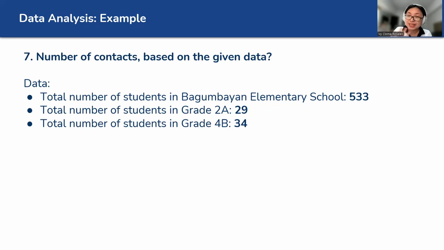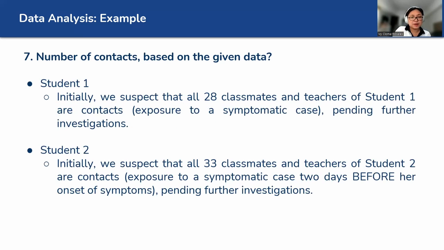How is the mobility across the school? How are the interactions like? So student 1, we initially suspect that all classmates and teachers of student 1 are contacts. But again, it says here, pending further investigations. Same with student 2. We think, okay, let's check first with all the classmates and teachers. But again, pending further investigations.